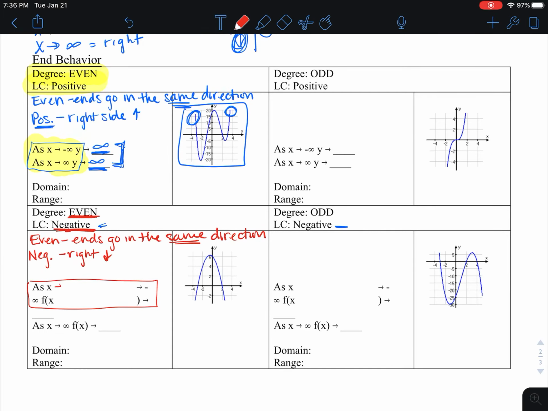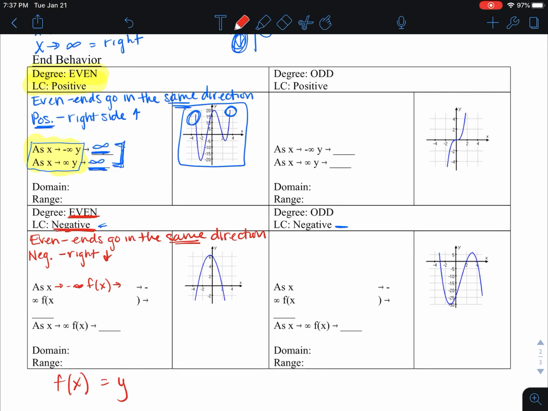As x goes to negative infinity is what it should say. I wrote this one a little differently just so you get used to seeing it. As x goes to negative infinity, f of x goes to... remember, f of x is the same thing as y. They mean the same thing, so just because it says f of x doesn't change anything. We know the 2 ends go in the same direction and it's negative, so the right-hand side has to go down.